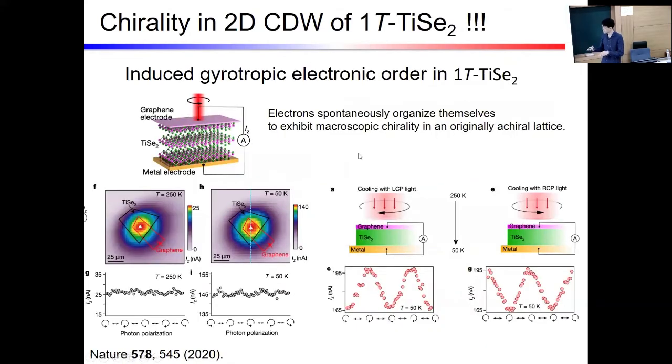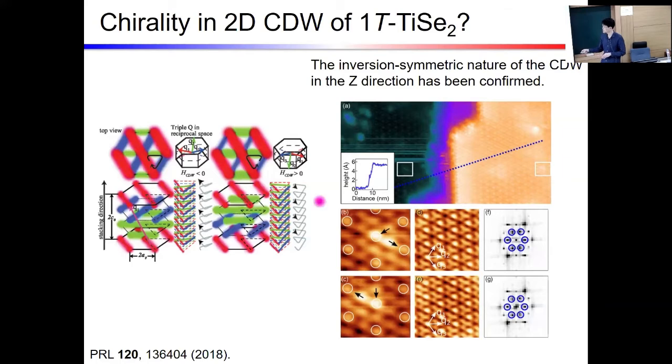layers. So in the previous scenario, different layers have different CDW structures. But here is a zoomed-in image of the bottom layer and the top layer. As you can see here, they don't have any difference. So they are almost identical, which means they don't have any phase difference between the different layers. So this actually denies the scenario.